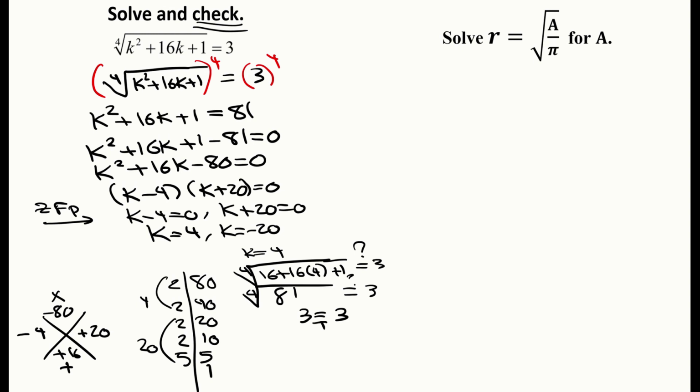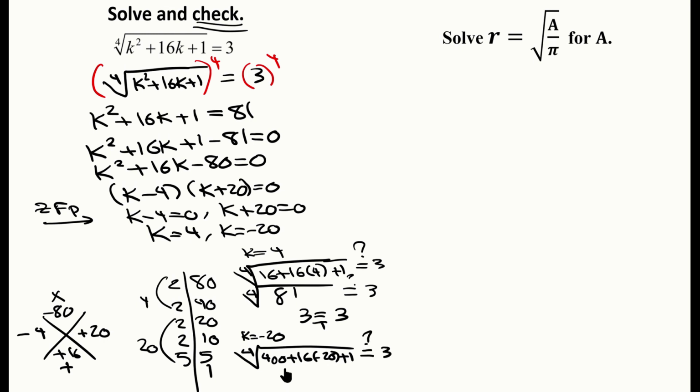Now we'll go ahead and check negative 20. Plug it into the original equation, which we left untouched. The fourth root of negative 20 squared is going to be positive 400, plus 16 times negative 20, plus 1. We want to know if that equals 3.